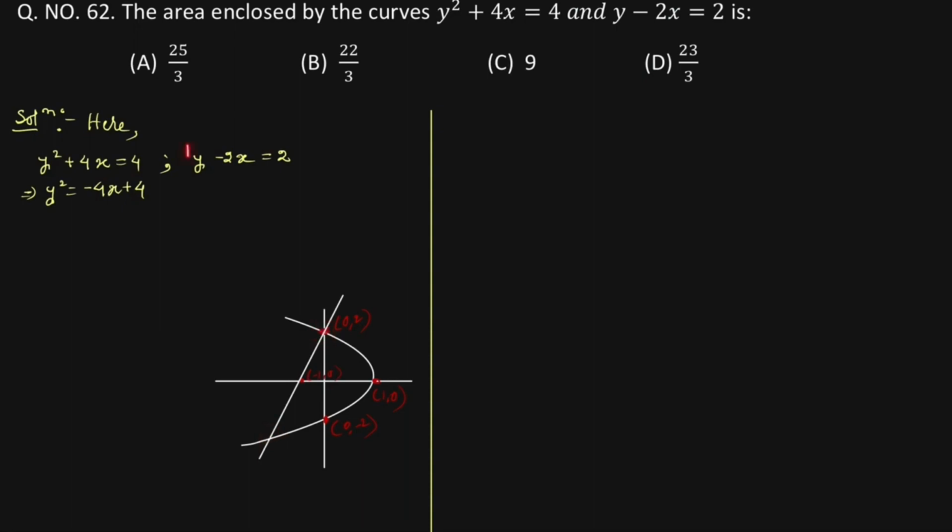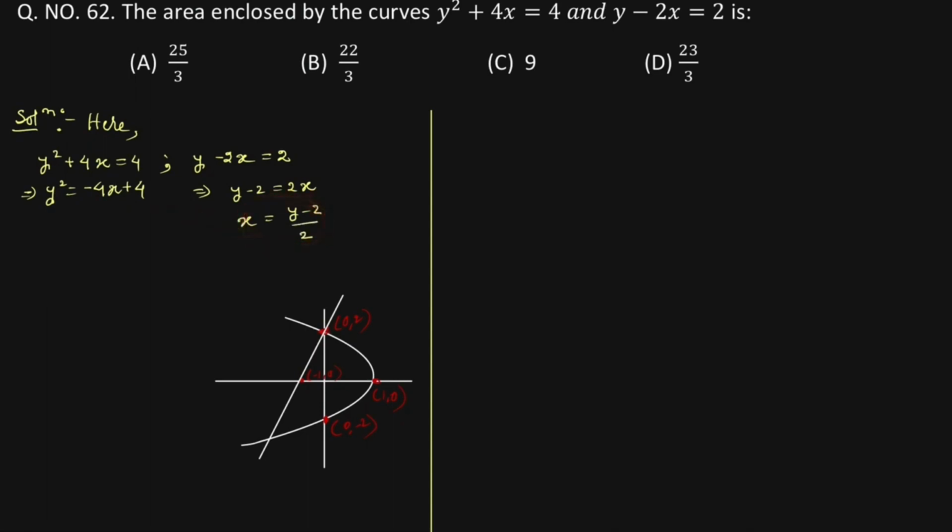For this we find the value of x from the line and put it in the equation of the parabola. This implies y minus 2 equals 2x, so the value of x we are able to write as (y minus 2)/2.